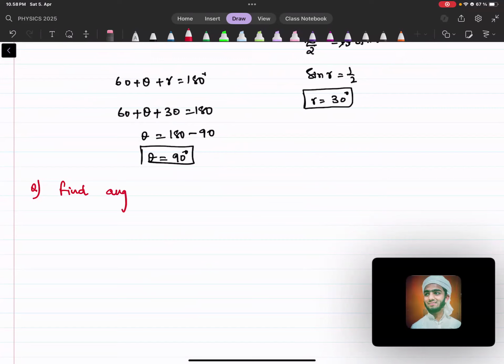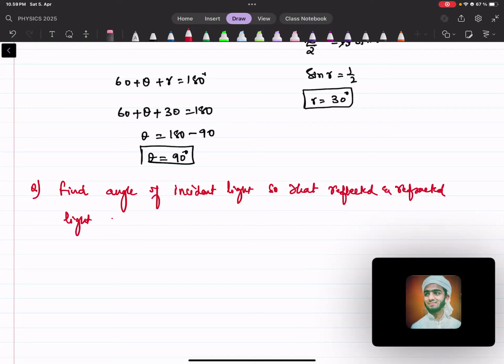Next one, better. Find the angle of incident light so that the reflected and refracted light become perpendicular to each other.